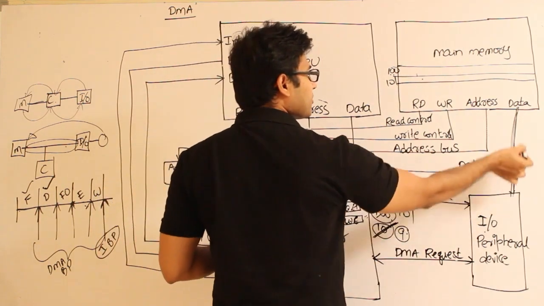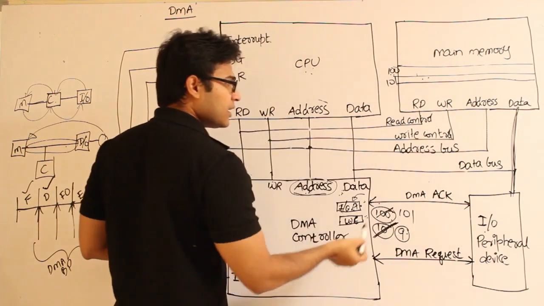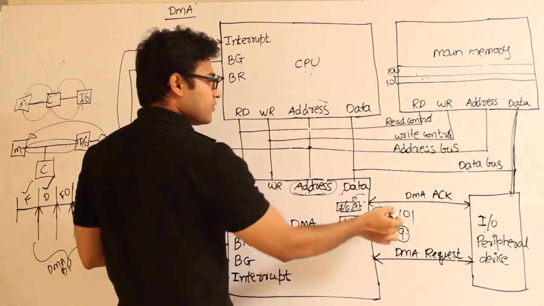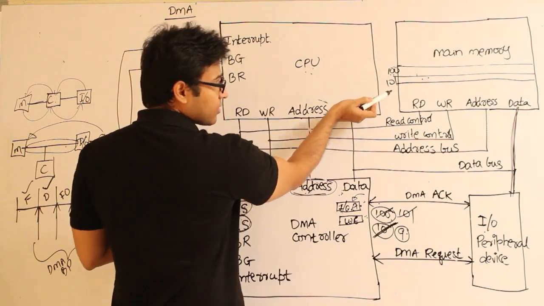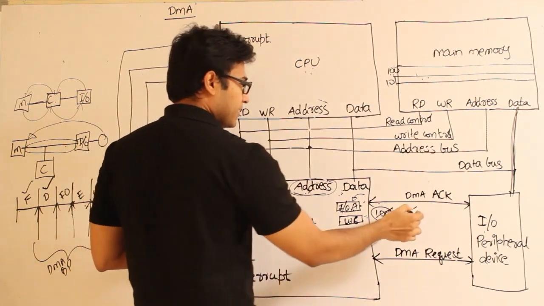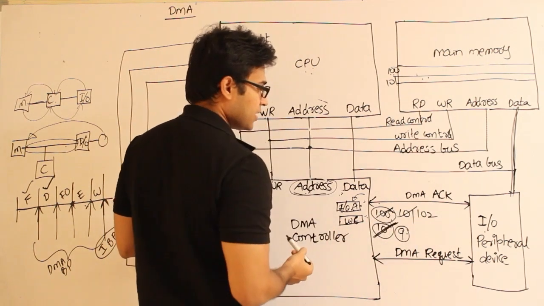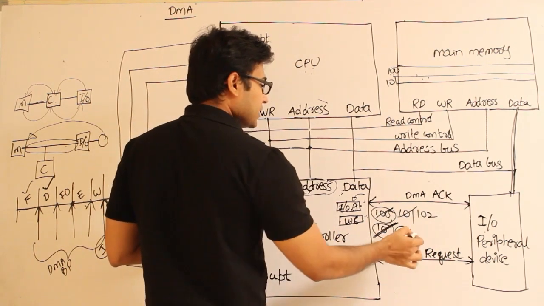Now the next word will be kept on the data bus and the next word will be written, and after every transfer we'll either increment or decrement the address. That depends on whether you are writing it like this or like this, that depends on you, right? In this case assume that it is incremented, and always the word count is decremented, right?